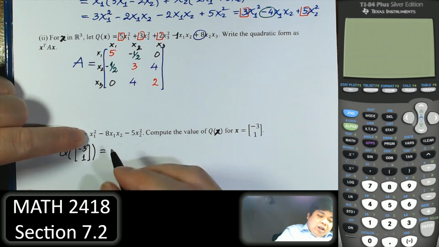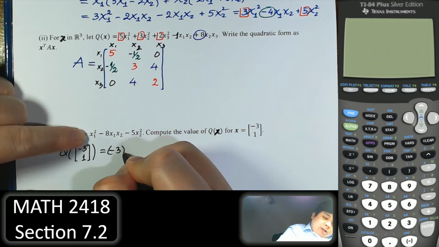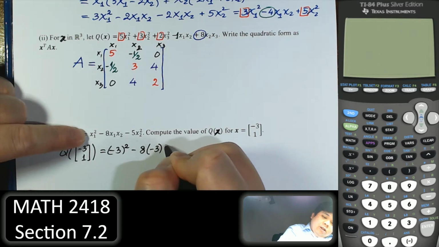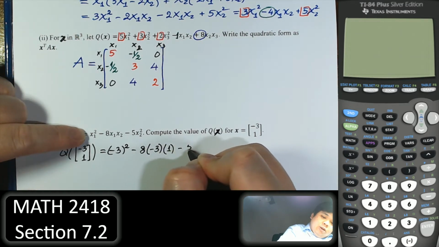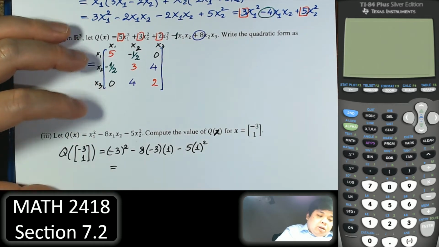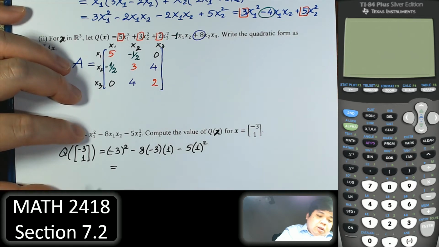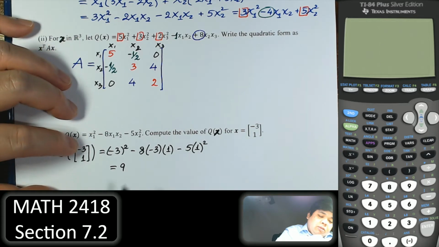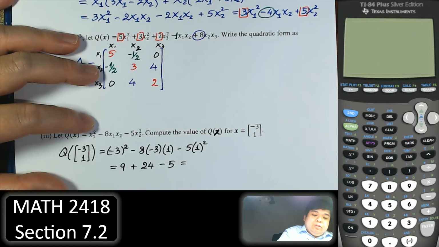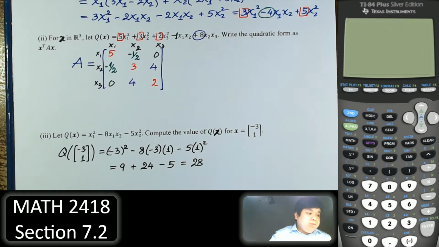So x1 is -3, x2 is 1. That would be 9, 24, minus 5, which gives 28. So that is one way to do that.